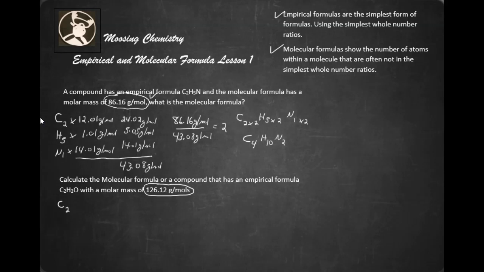So C is 2 times 12.01. H is 2 times 1.01, and oxygen is 1 times 16.00. And this, of course, is going to be in grams per mole.